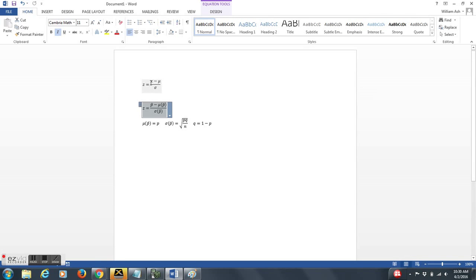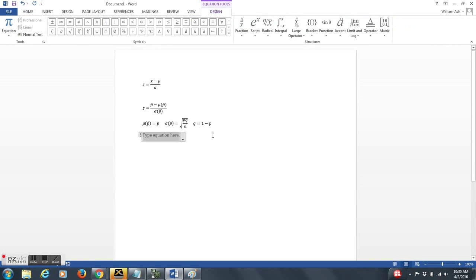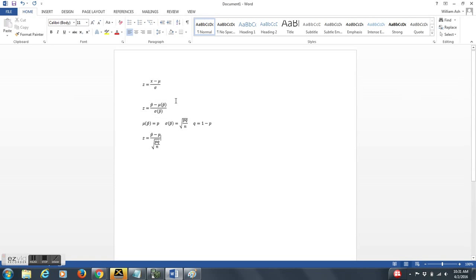Your sampling distribution, so your new data is the sample proportion, your new mean is the mean of the sample proportions, and the standard deviation is the standard deviation of sample proportions. So the formula looks like this: p hat minus p, divided by the square root of p q over n.